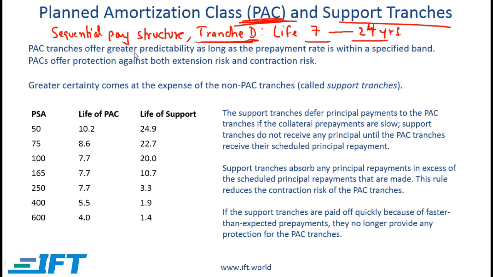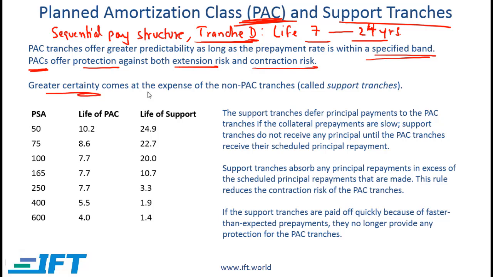PAC tranches offer greater predictability as long as the prepayment rate is within a specified band. This specified band is also called the initial PAC collar, and I'll talk about this shortly. PACs offer protection against both extension and contraction risk.